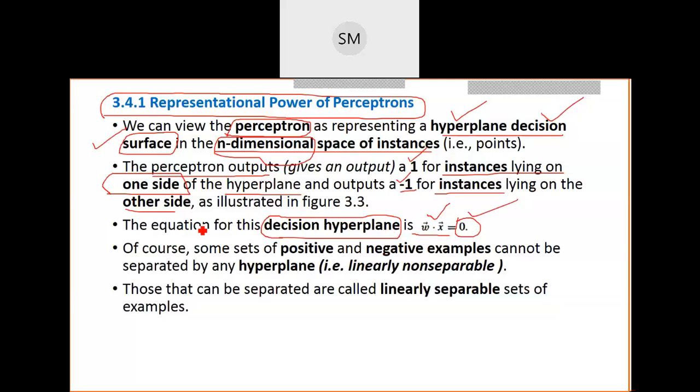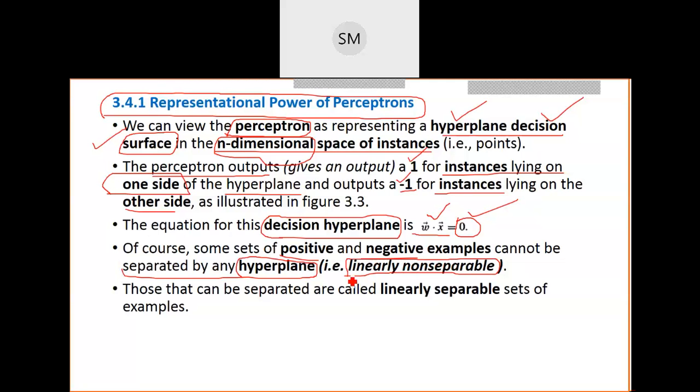Of course, there are sets of positive and negative training examples where we cannot make a separate portion for them with the help of this hyperplane. Such training examples are called linearly non-separable training examples.